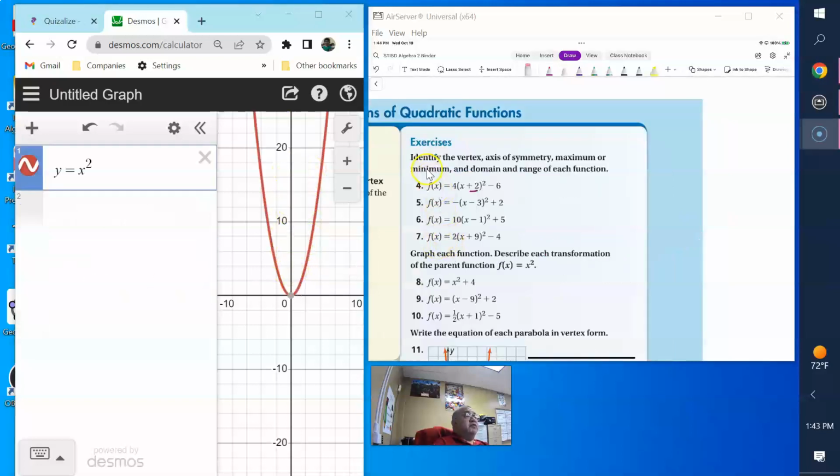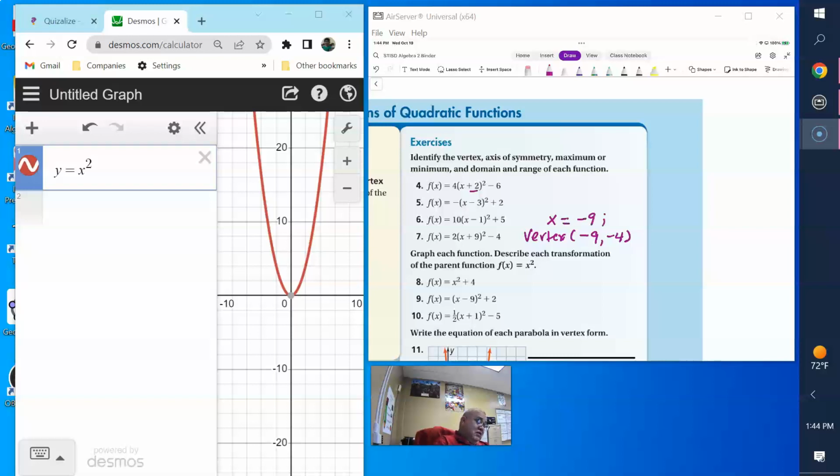Number 7, we're finding the same things again. We're talking about the vertex. So to find the vertex, we know that the graph is going to shift to the left 9 units, so it's -9, and it's also going to go down 4 units. We know that the axis of symmetry is going to go right through the vertex, so x equals -9.